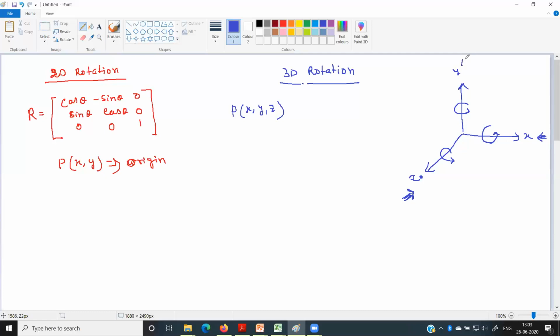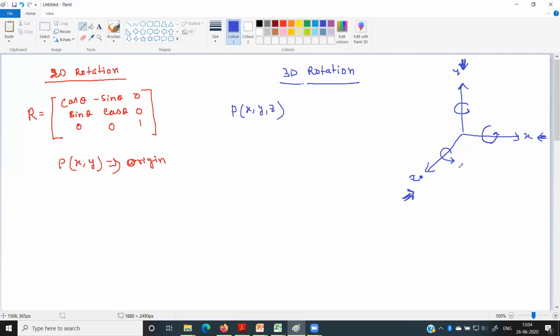Similarly, if you observe the rotation along y direction, you can see the rotation of the object in the ZX plane. Again, if you observe the rotation along y direction, the object will rotate in the ZX plane. So the y value will not change, only the values of z and x will change.